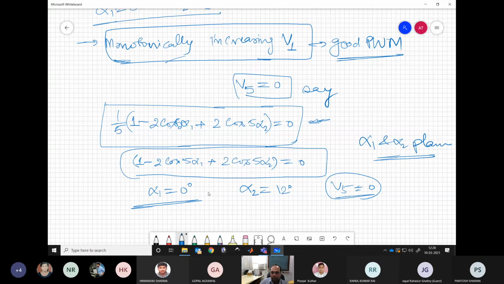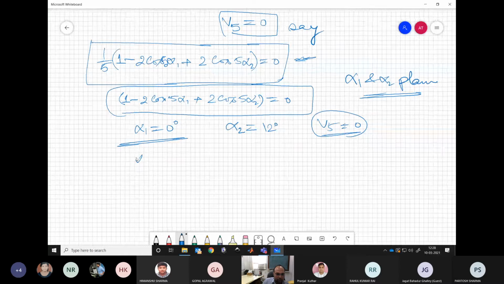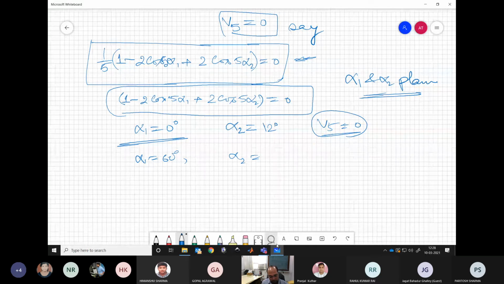And if you put some other value, let's say alpha 1 equal to 60 degree, what is the value of alpha 2? Quickly. 18 degree. Yes, 18. Correct. So something like this we are going to have. Is 18 correct?